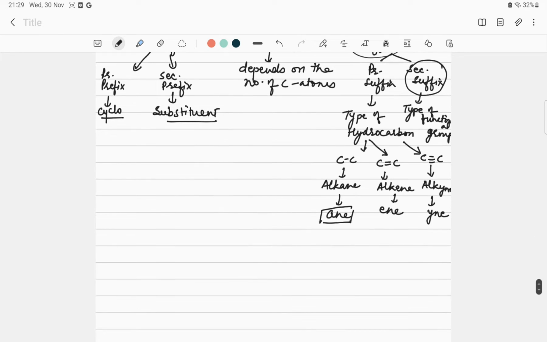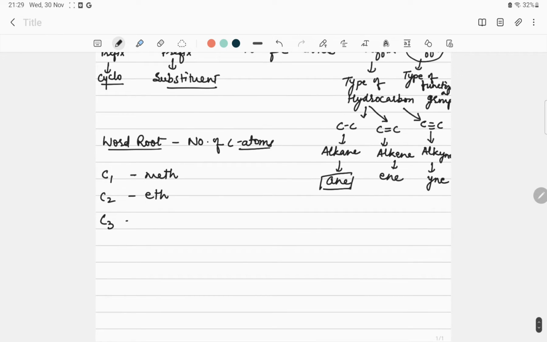Now, coming to the word root. As I discussed, the word root depends upon the number of carbon atoms present in the parent chain. Say, for example, if one carbon is there, the word root should be meth. If there are two carbons, the word root should be eth. If there are three carbons, it should be prop.